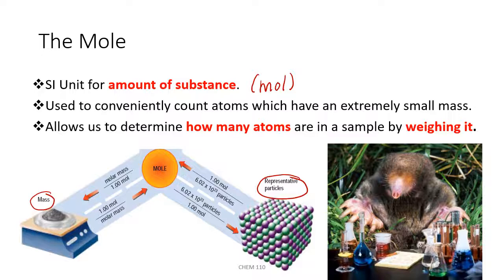So if we're talking about a pure element, maybe carbon, we can figure out how many small atoms of carbon are contained within a sample by taking a mass of it on a balance. The mole allows us to do this.